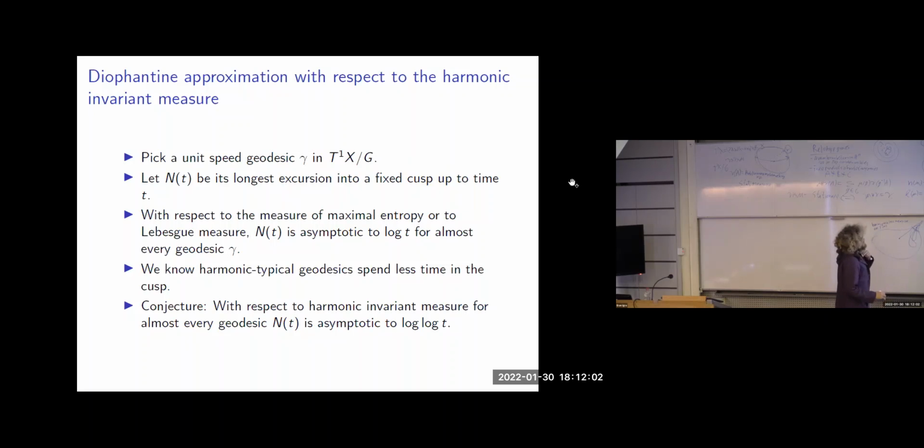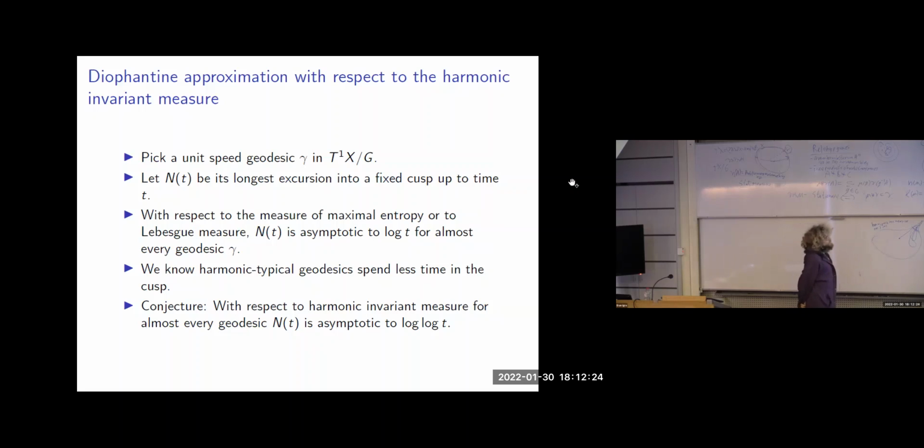So you take a geodesic, you flow it for time t, and you look at the longest excursion that it has had into this cusp. Typical excursions are going to be different with respect to different measures.